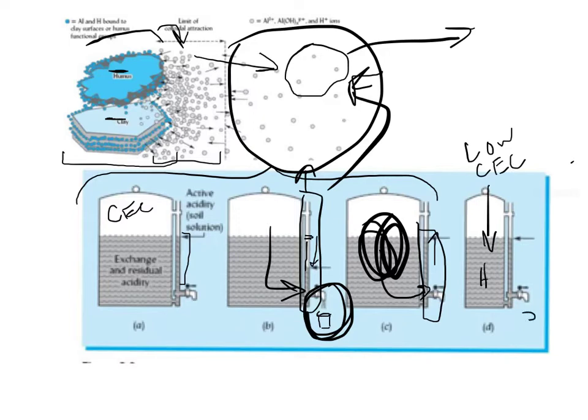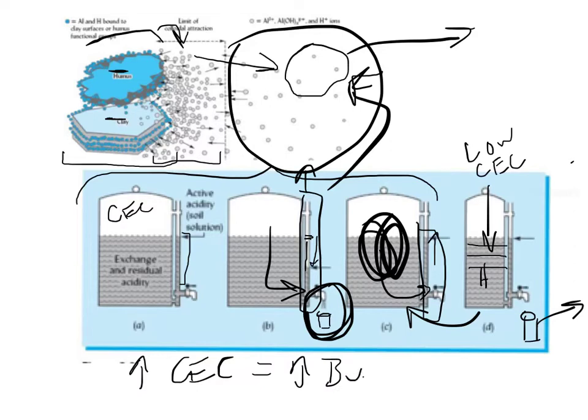So once you start taking 2, 3, 4 glasses of coffee or hydrogen away, this is going to start lowering, and it's going to get lower much more rapidly than the one with high CEC. So the higher the CEC, typically the higher the buffering capacity. I'll just abbreviate that. The higher the CEC, the higher the buffering capacity of a soil.